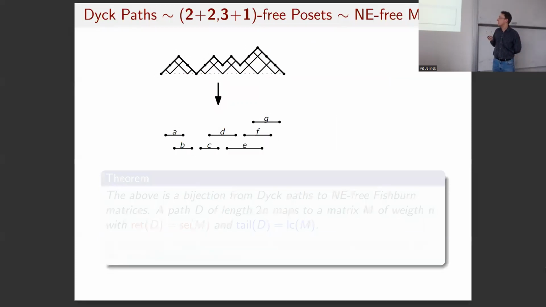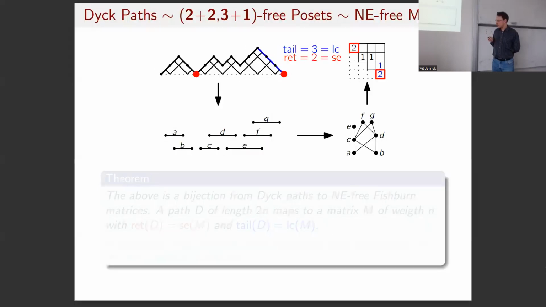And again, projecting them downwards to the x-axis, I have a collection of intervals. From a collection of intervals, I have an interval order, which ends up being 3 plus 1 free. And from that, I have a matrix, and the statistics do what I promised they would do. So the number of returns here is the number of SE extremes here, and the tail of the path will be the weight of the last column.